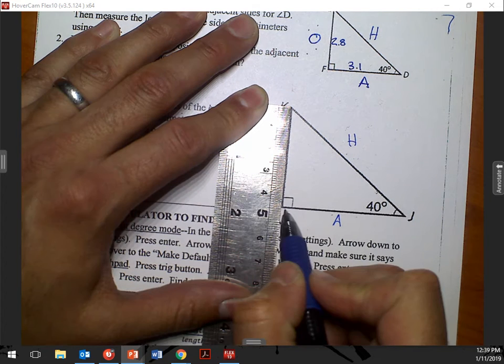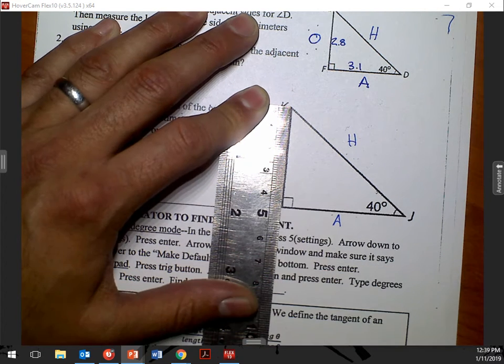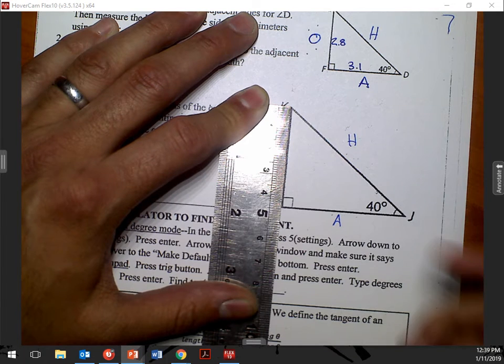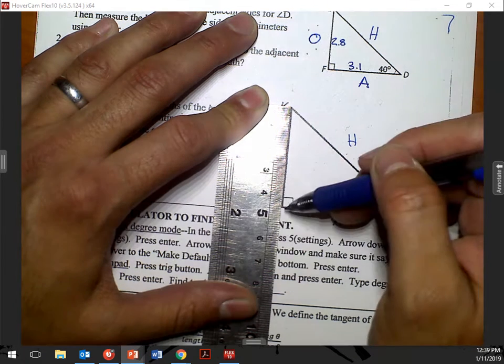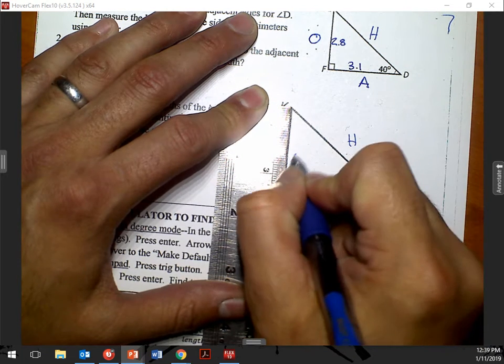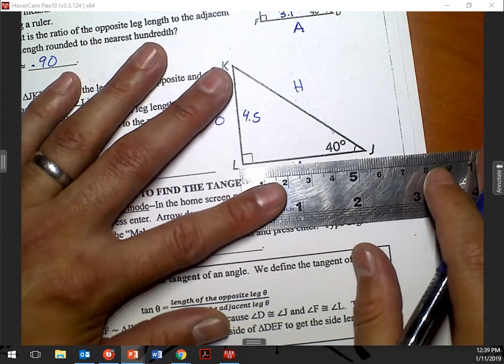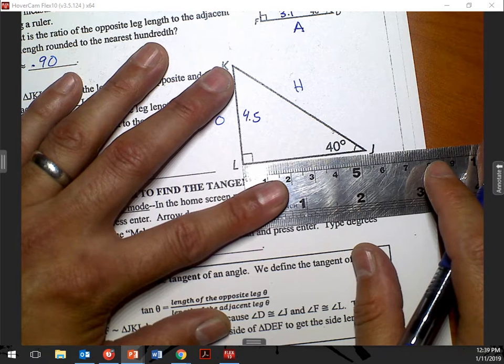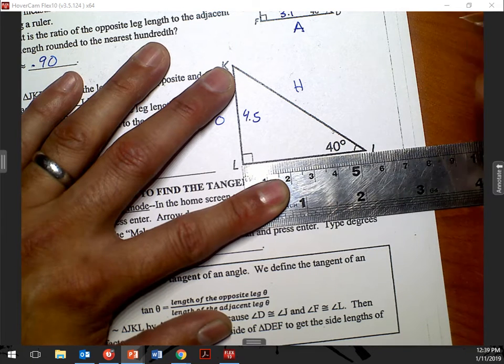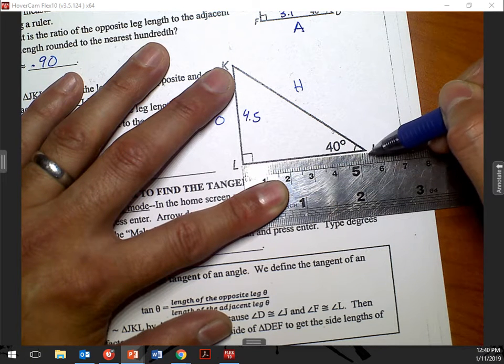All right, let's go ahead and measure this one out again. Are there going to be times where we're going to need a ruler? No, not for these. Okay. So right now it's going to be 4 point, that looks like 4.5. And right here, that one's going to be 5.1, 2, 3.